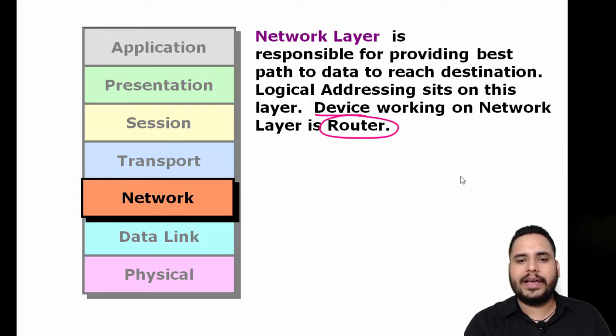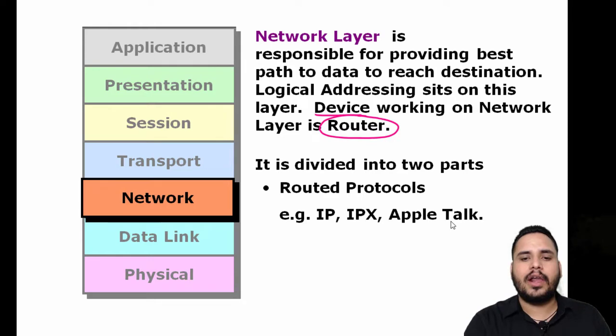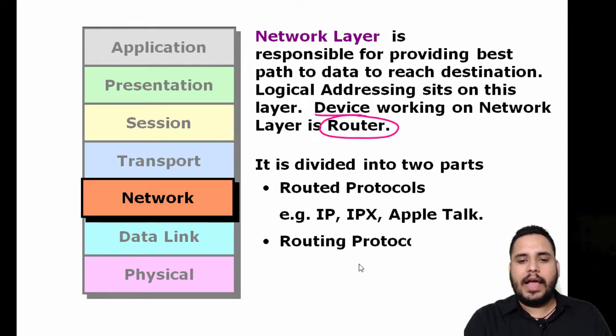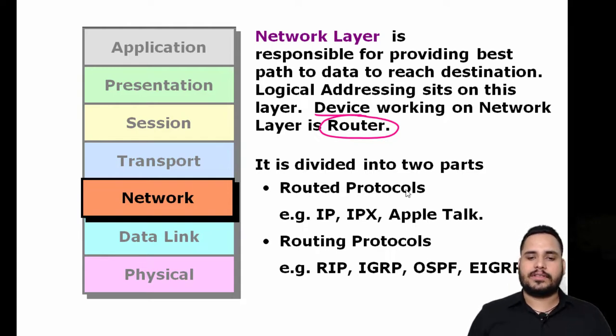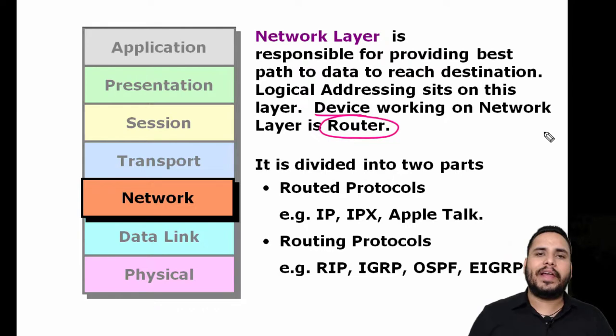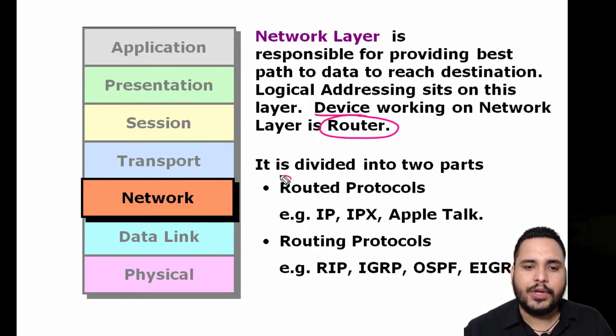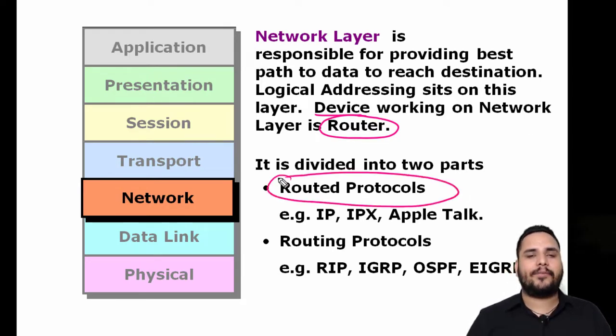Now, the network layer is divided into two parts. One is routed protocols, for example IP, IPX, AppleTalk. And the other is routing protocols: RIP, EIGRP, OSPF, BGP. There are so many interior and exterior gateway protocols that we will discuss in network associate. Routed protocols are used to send data traffic.